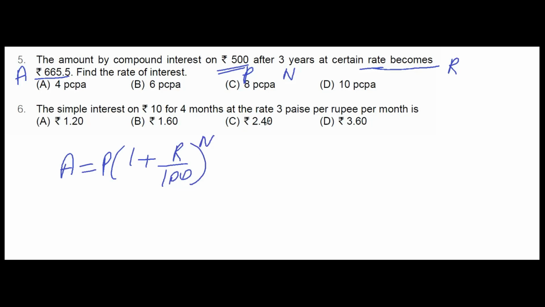When you substitute the values of A, P and n, you will get the value of R, the rate of interest, as 10%. Take this as homework.